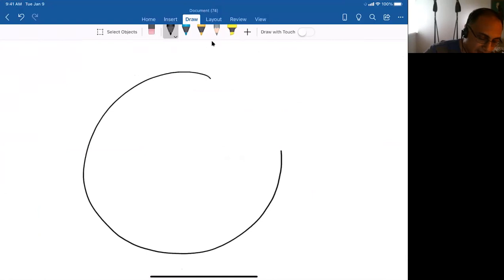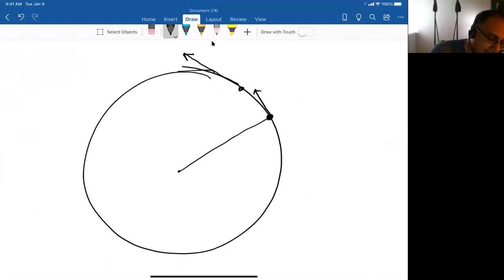Okay, now when an object is not executing uniform circular motion, so suppose you have an object which is going around in a circle, and it's not uniform circular motion, then its velocity over here and its velocity over here might have completely different magnitudes. If it's uniform circular motion, the velocity always has a fixed magnitude.